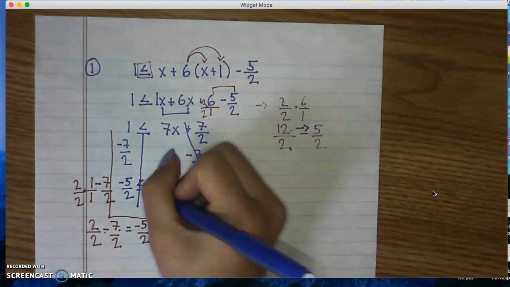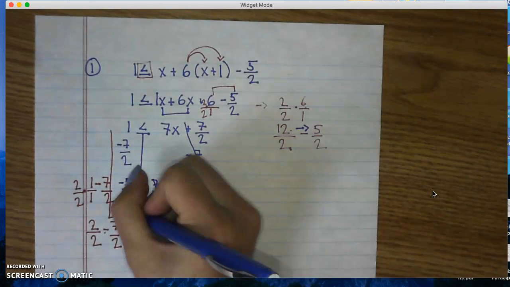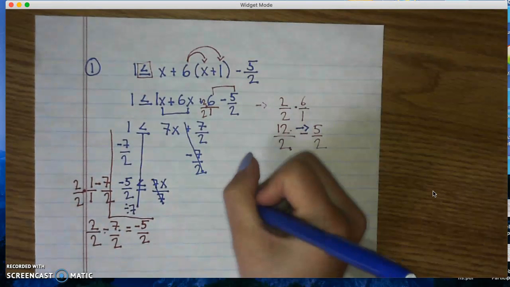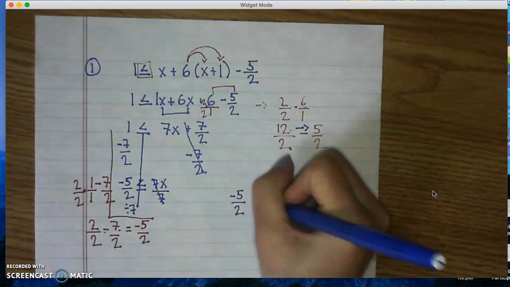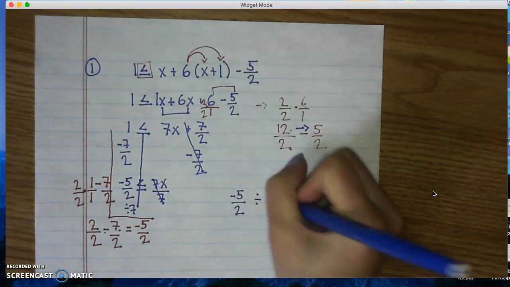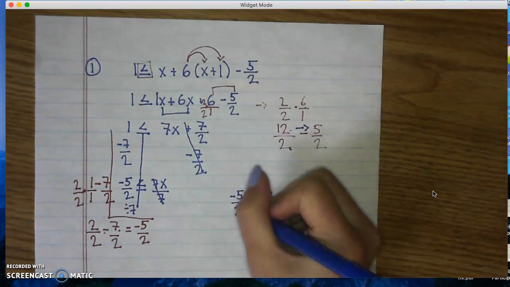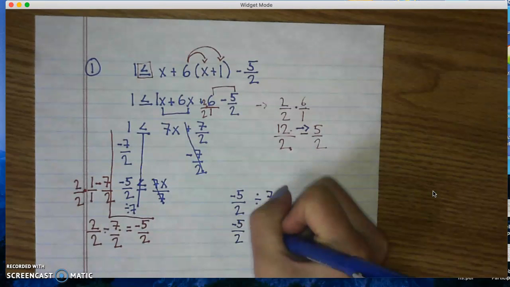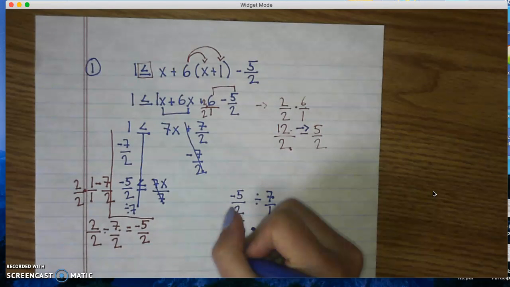All right, so now we divide by 7. Oh no, negative 5 over 2 divided by 7. Who's the denominator? 1. Remember, when we divide fractions, we keep, change, flip. You can write those here.